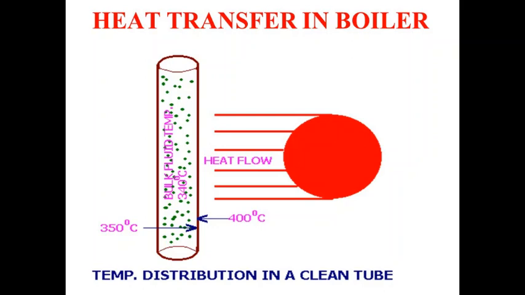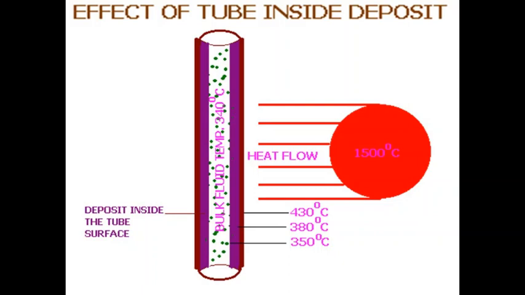But when the tubes are receiving the heat, the tube metal temperature comes with the coolant flow. Coolant is water or water steam mixture flowing through it. So the temperature of the outer wall of the tube comes around 400 degrees centigrade, and the inner wall of the tube may have a temperature around 350 degrees centigrade. So there lies a difference of around 50 degrees centigrade between the inner and outer wall of the tubes.